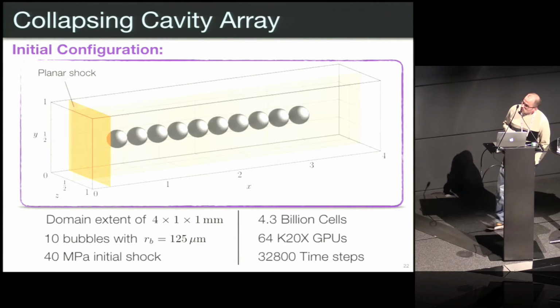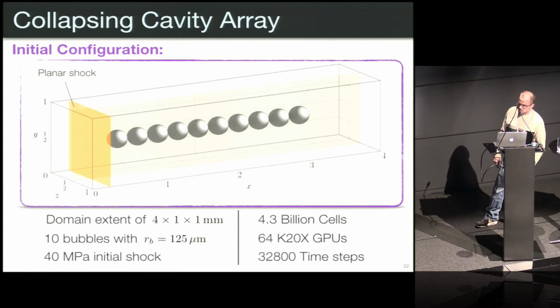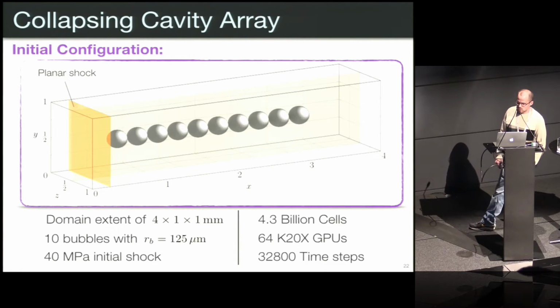The strength of the shock wave is about 400 bars, so the bubbles are in equilibrium at 1 bar with the liquid up here, and the pressure behind the shock is 400 bars. We have run the simulation on Piz Daint using 64 GPUs, which resulted in a total resolution of about 4.3 billion cells. With this resolution, it amounts to about 128 cells per radius for each of the bubbles.